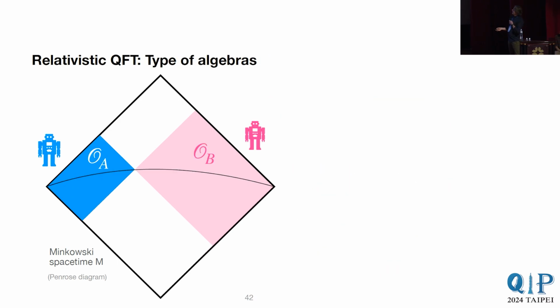Okay, now assume we have Alice and Bob, and they have some surface of common simultaneity, and so they split space-time.